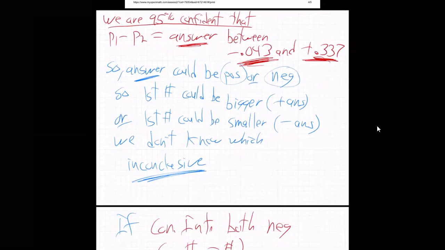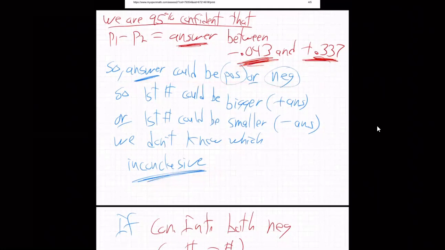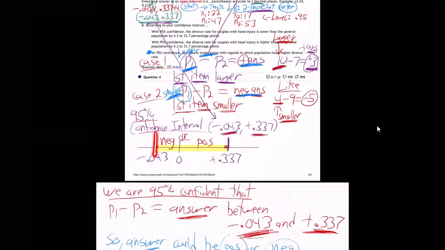If the confidence interval comes out 1 negative, 1 positive, then the answer could be positive or negative, right? It could be either way. So it's inconclusive, like I showed here. We're 95% sure that the answer is somewhere between a negative and a positive. So it could be negative or positive.